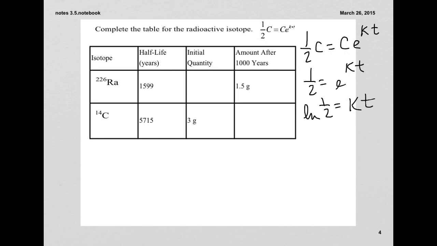And now, that is ln of 1/2 equals 1599k, because we knew the time to double in years was 1,599.